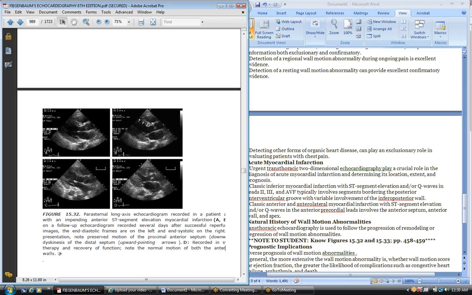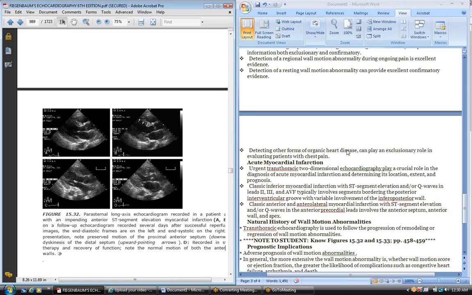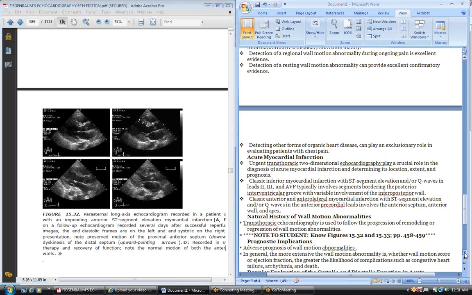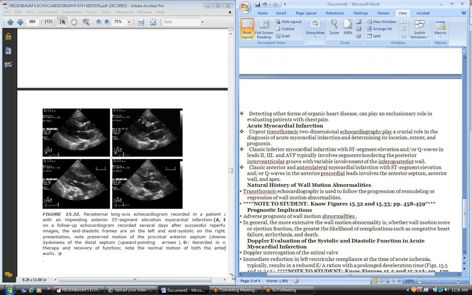So you'll see how it's uniform here. It's not uniform up here. I know it's hard to see in a still photograph, but be aware of what you're looking for. And let's look at 15-33.